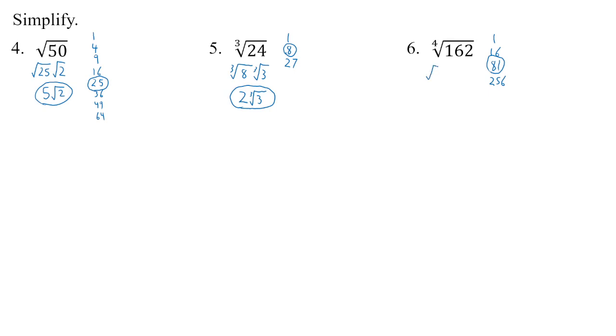Therefore, we're going to factor the fourth root of 162 as the fourth root of 81 times the fourth root of 2. The fourth root of 81 is 3, but you cannot take the fourth root of 2. Therefore, the solution is 3 times the fourth root of 2.